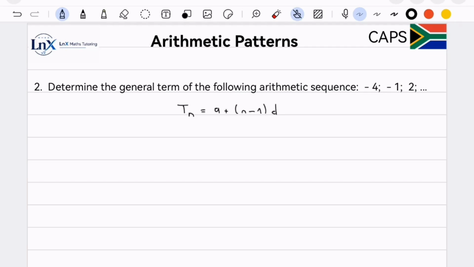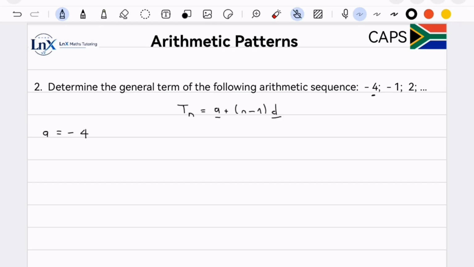So for us to determine the general term, we need to get the first term, which is a, and we need to get the common difference, right? So if we look here, we already have our first term, which is -4. So a equals -4, right? Then now we need to determine our common difference, right?